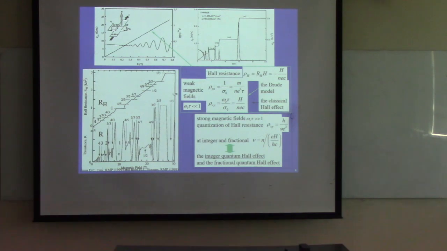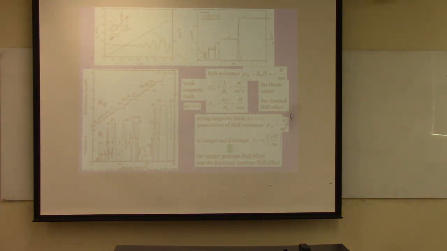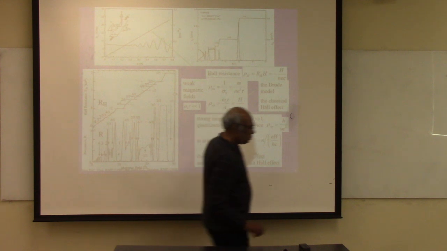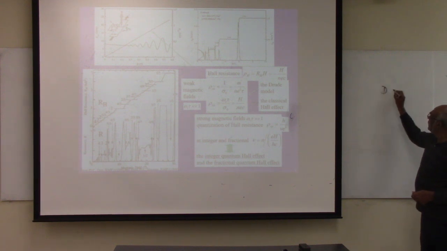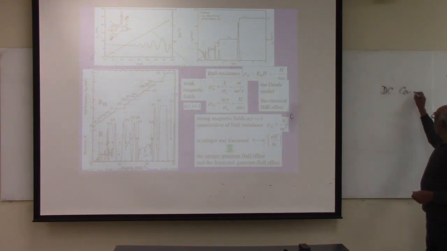Okay, let's get started. So last time we talked about the Hall effect, right? So far we have been talking about something very important for those doing experimental research. We were measuring something called the DC conductivity, right?